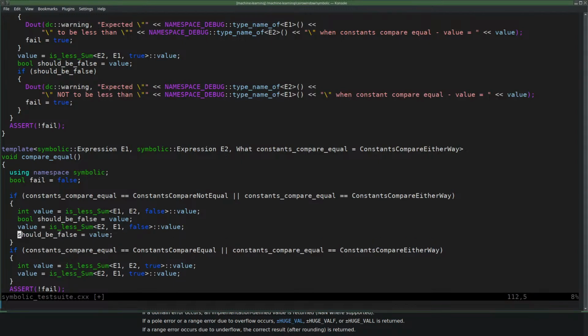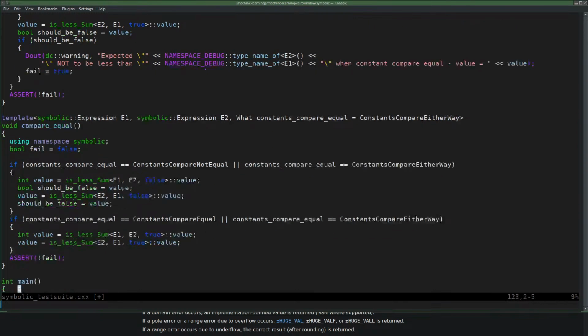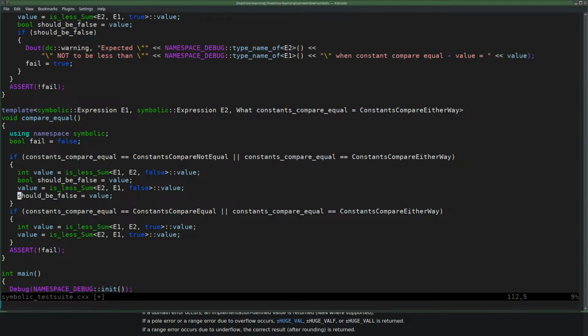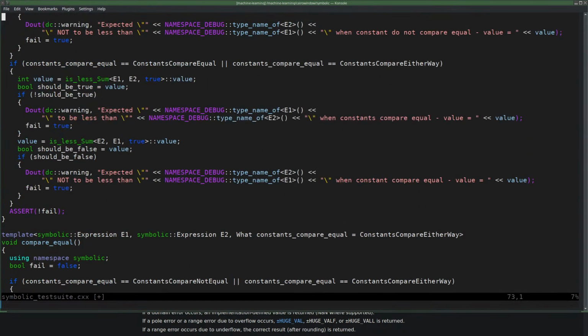So this one again to be false. And well, here as well. Yep, everything should be false. The one E1 first or E2 first, and then true or false, nothing matters, everything is false, because they're exactly equal.